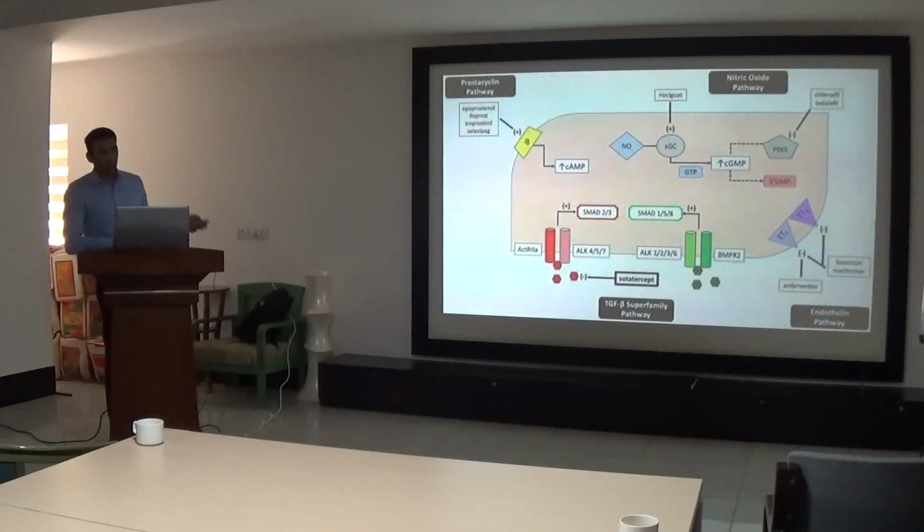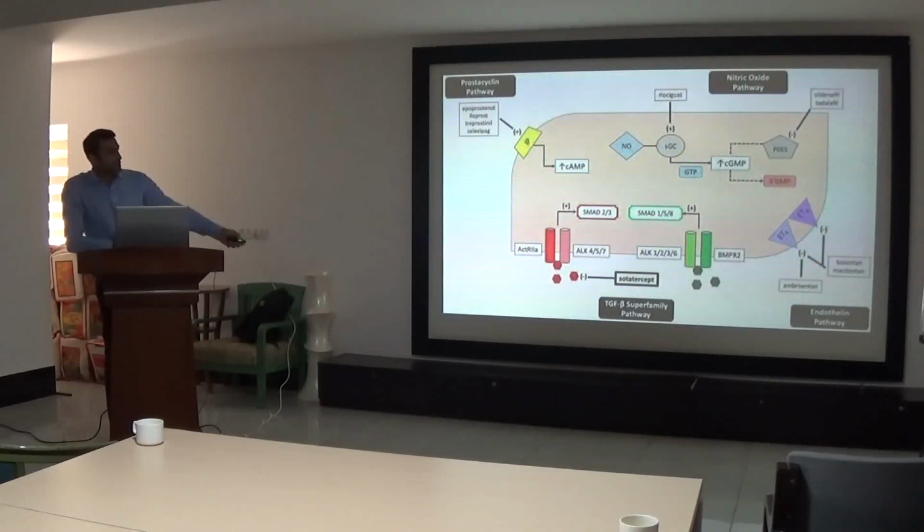Both of them exist in our normal cell, but the proliferative pathway leads to proliferation of the endothelial cells, leading to more vascular disease. So if we inhibit this pathway with this drug, it will lead to more anti-proliferative measures, the activation of this protein pathway. So this is the mechanism of the drug.